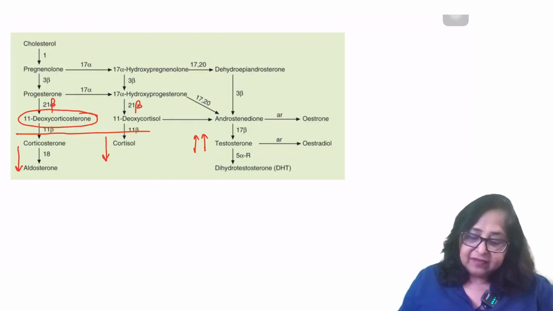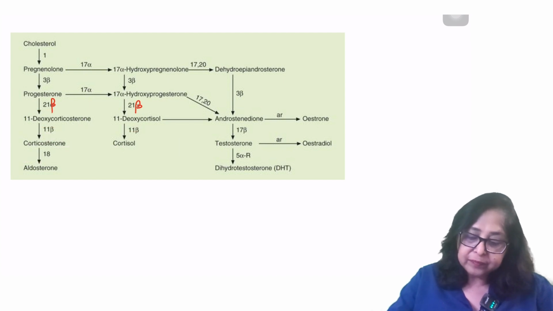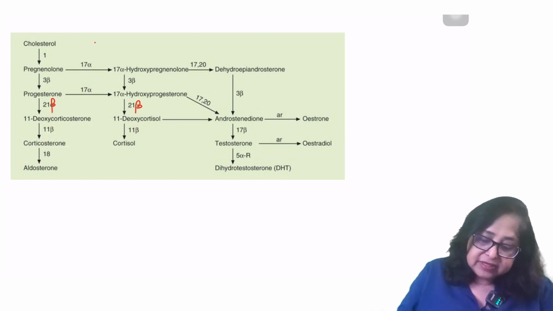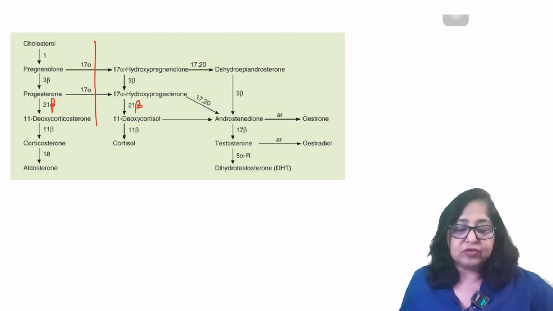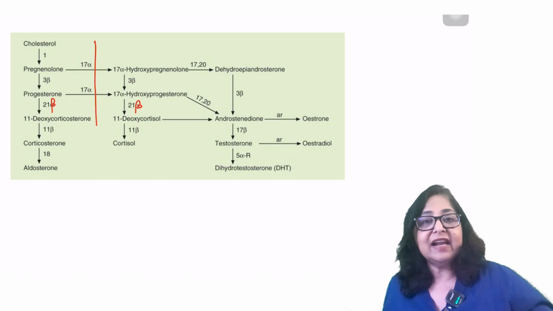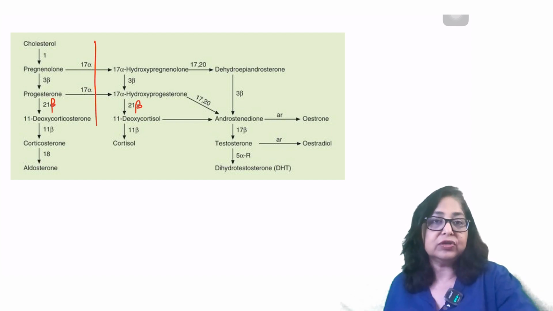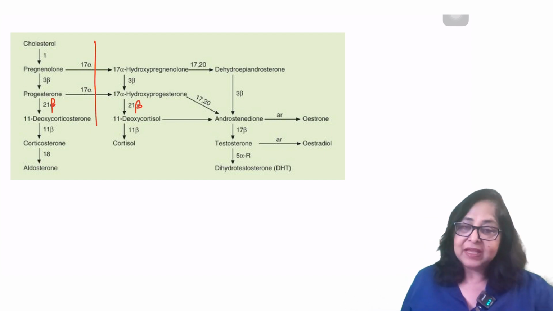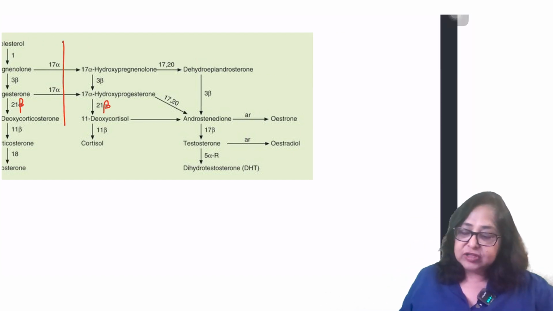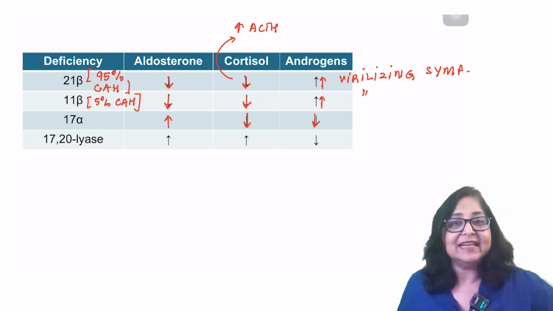Now, 17-alpha hydroxylase catalyzes the conversion of pregnenolone to 17-hydroxypregnenolone, progesterone to 17-alpha hydroxyprogesterone. In other words, 17-alpha hydroxylase is an enzyme which is required both for the synthesis of cortisol and androgens. So if there is a deficiency of 17-alpha hydroxylase, cortisol and androgens are reduced and aldosterone is in excess.